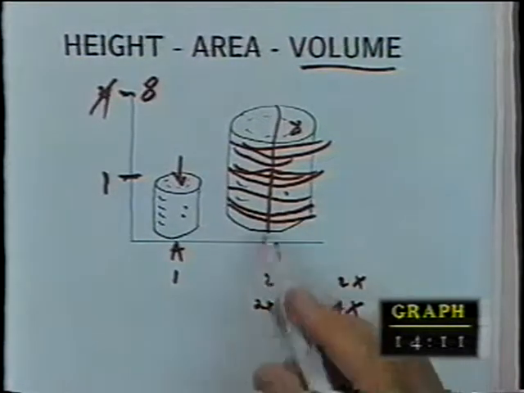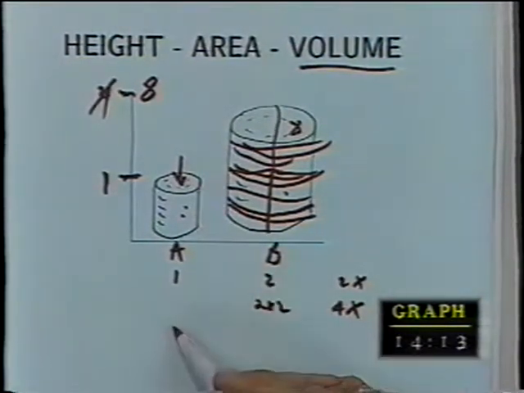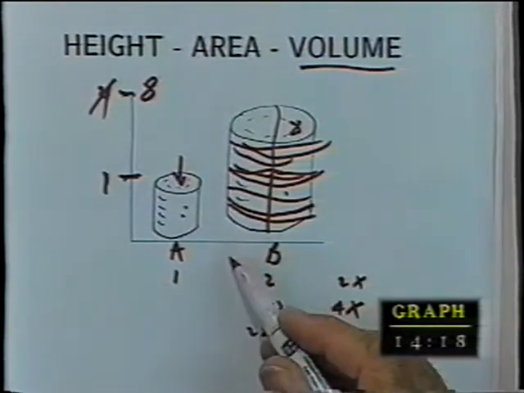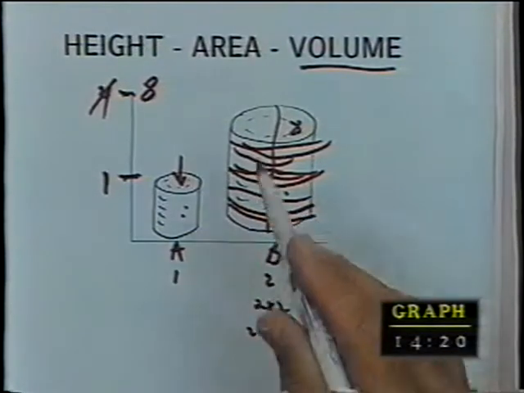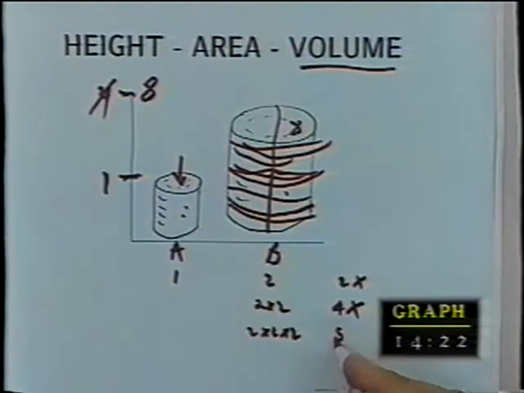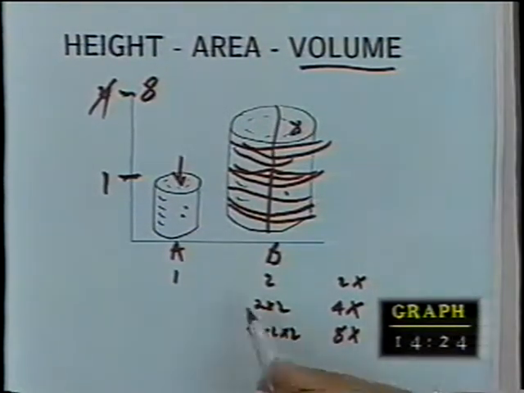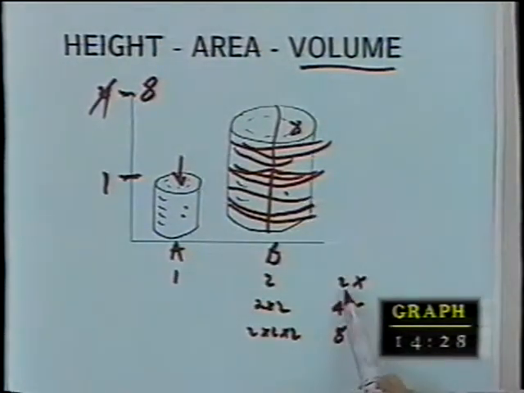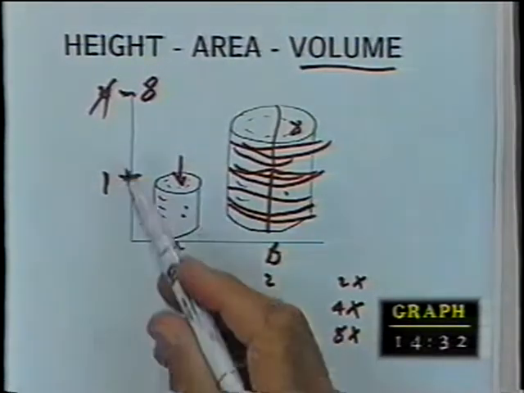And if I'm talking about volumes, and one is twice as big, then this is 2 times 2 times 2, which is width times height times depth, and that would be 8 times as big. So if I had something that looked on a graph like it was twice as big, the answer could be 2 times as much, or 4 times as much, or 8 times as much. The only way to tell is to look here.